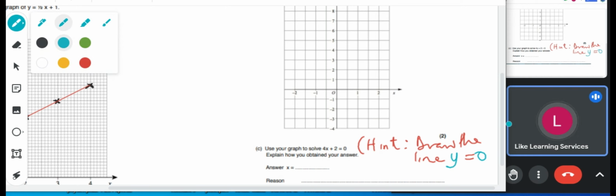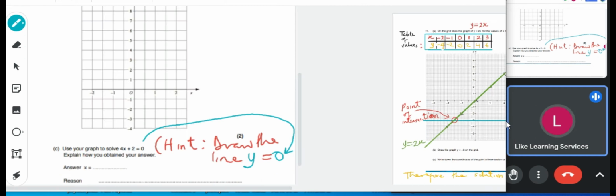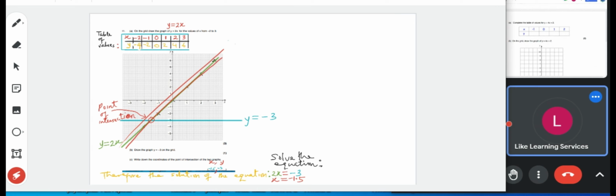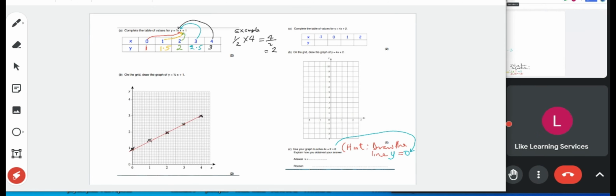So you will draw the graph of y equal to 0 on top of the previous one you drew. Just like this one above. After you have drawn the first graph, y equal to 2x, for instance, you draw another one with another color. Wherever they cross will be the answer.